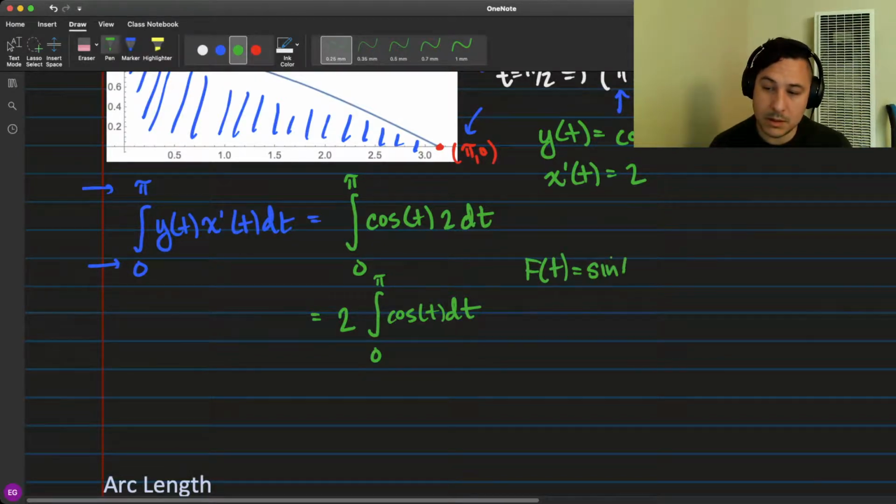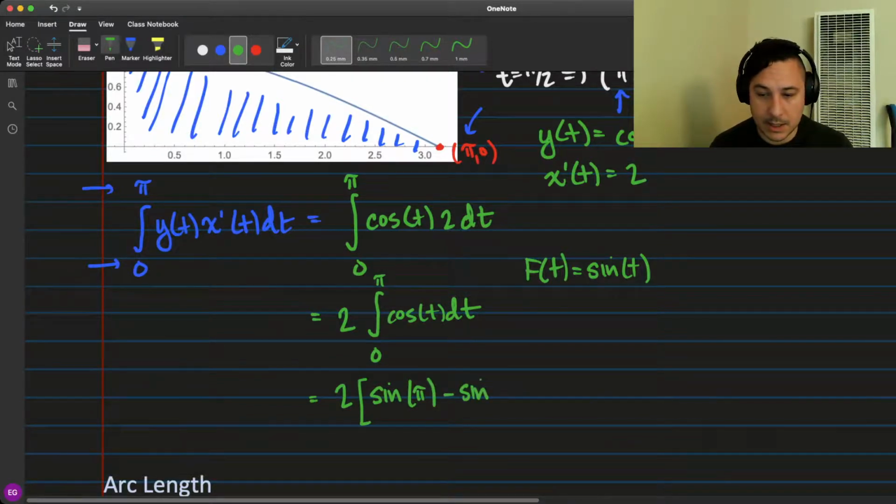So what I'm going to get is 2 times sine of pi minus sine of 0. What's the sine of pi?